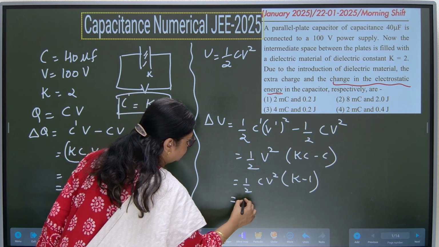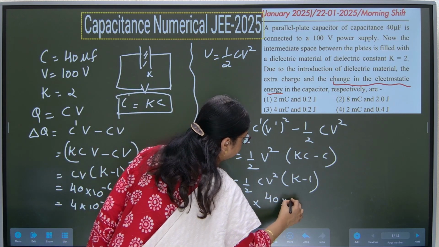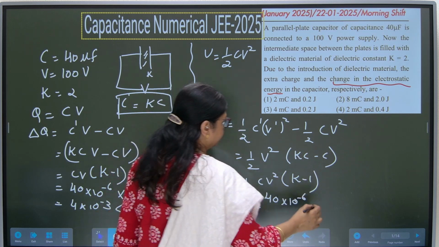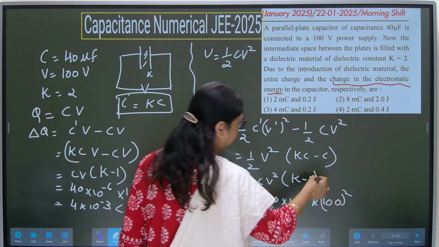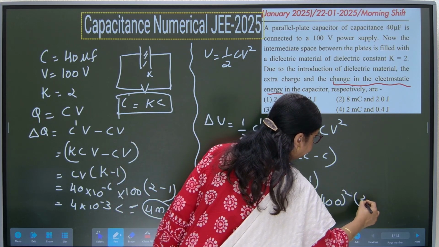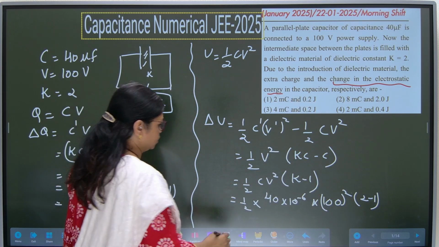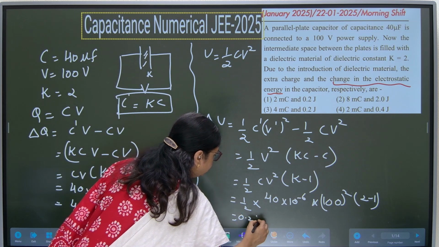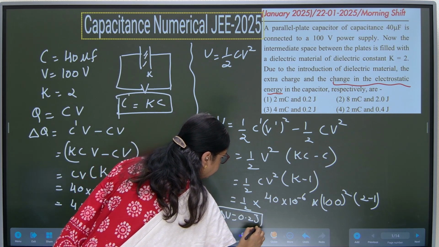Substituting the values, half, C is 40 micro, so 10 raised to minus 6, V is 100, so 100 square, and K minus 1 is 2 minus 1, that is 1. So when we work this out, we will get 0.2 joules as the change in the stored energy.